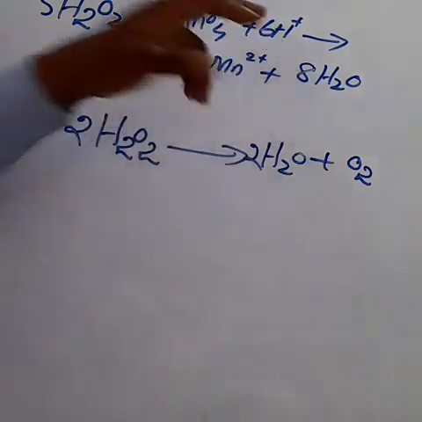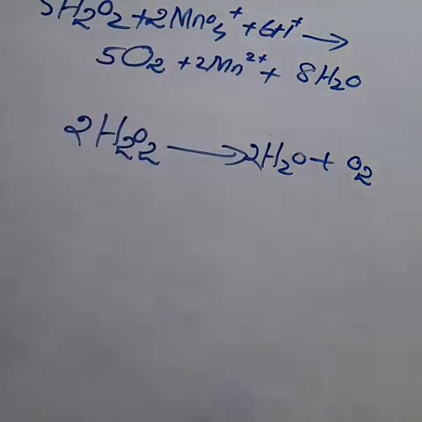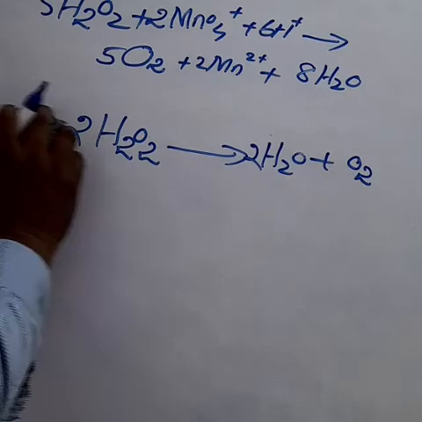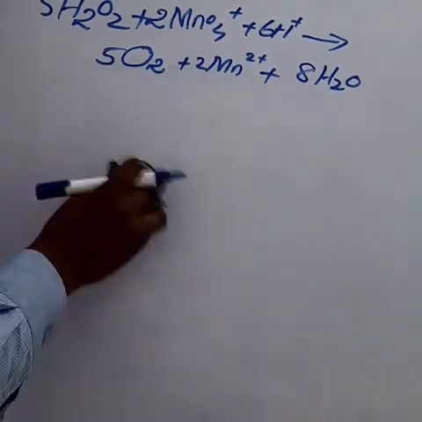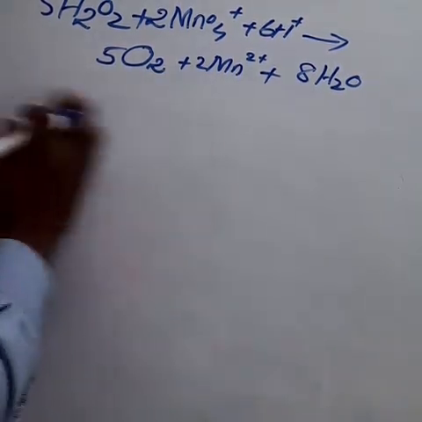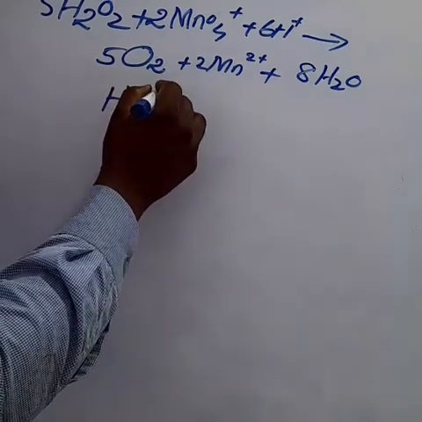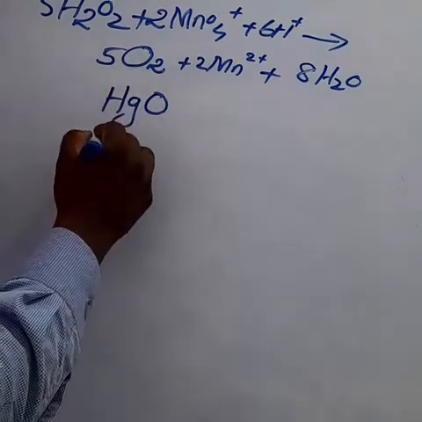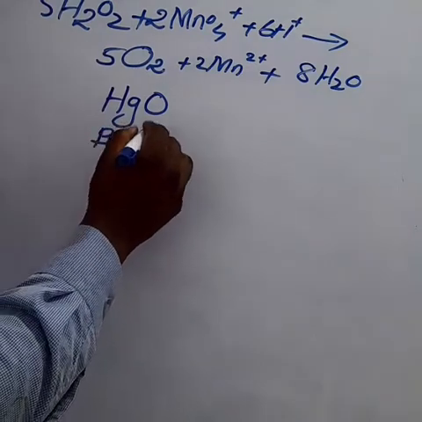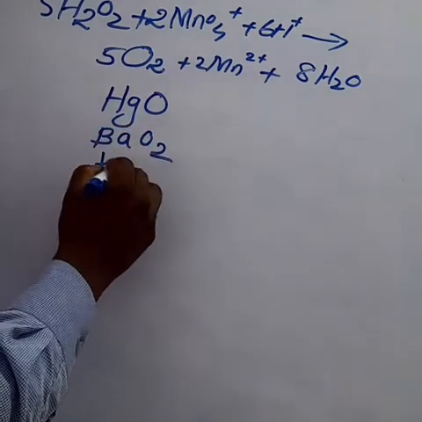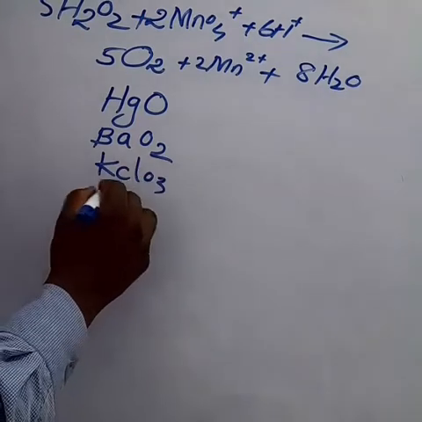Next, another important point: some of the metallic oxides, like magnesium oxide, mercury oxide, barium peroxide, potassium chlorate, potassium nitrate. These undergo decomposition on heating.